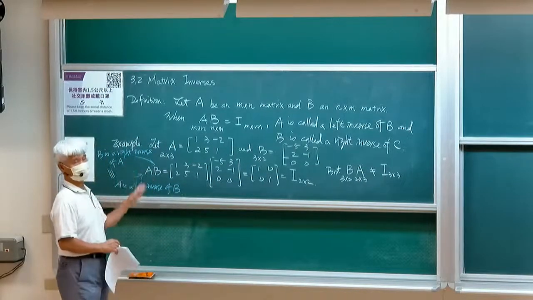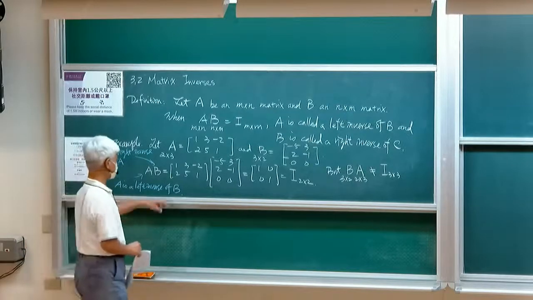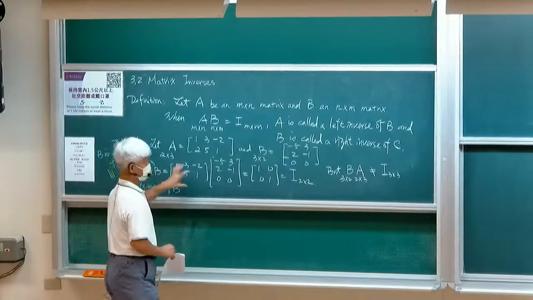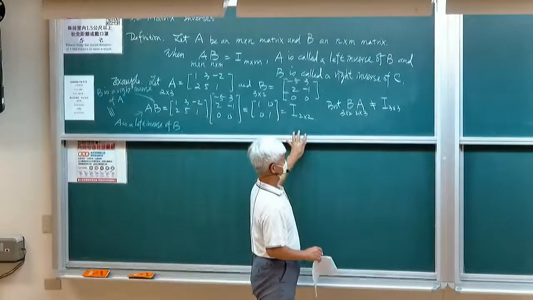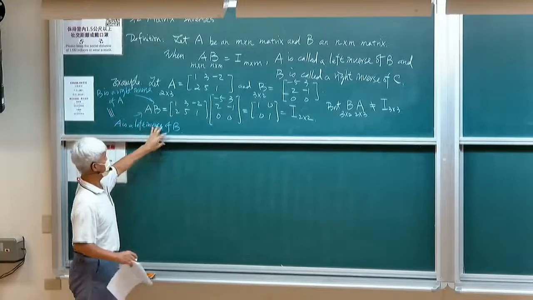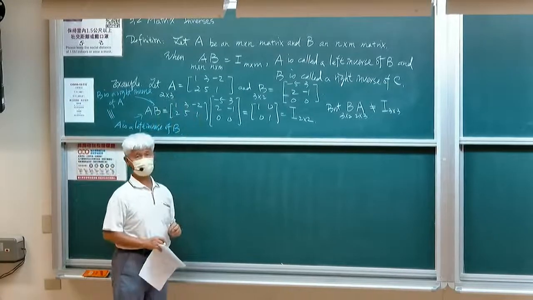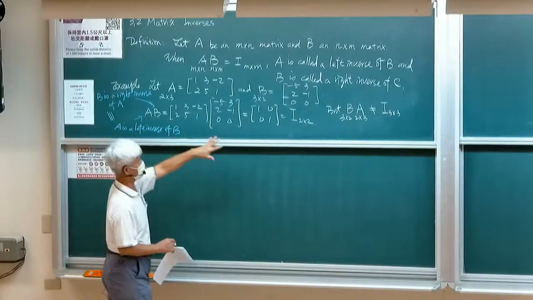At most one of them can be true. But in many situations, this may not be true and this may not be true. But at least for this example, we can have two rectangular matrices such that A multiplied with B is equal to the identity.